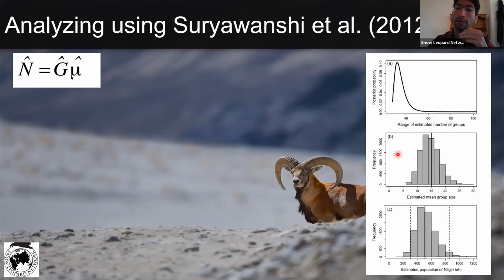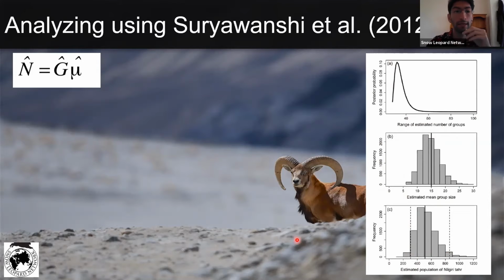And then we combine these two, A and B, to get a distribution of estimated population. In this case, it was Nilgiri thar, which is a species of caprine found in southern India. It's interesting, it's one of the few caprine species that is tropical. And then we get a population estimate and its confidence interval.